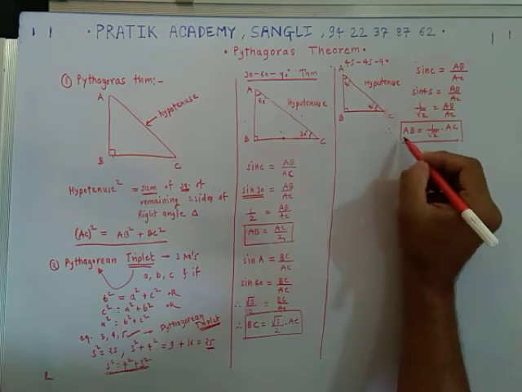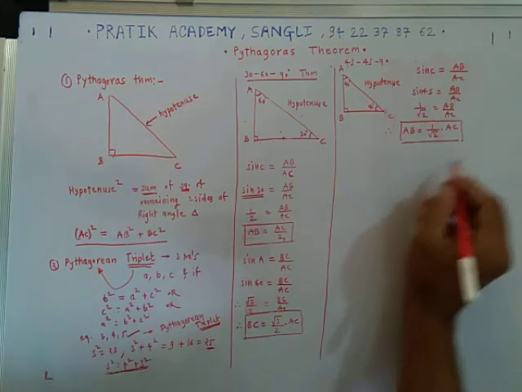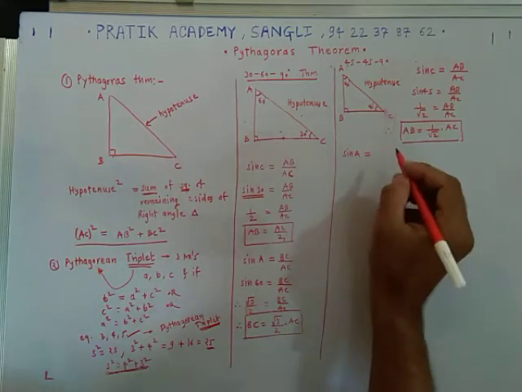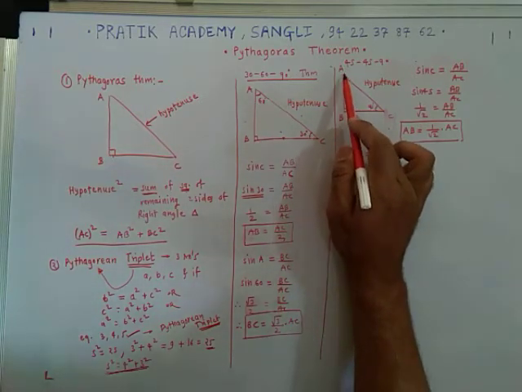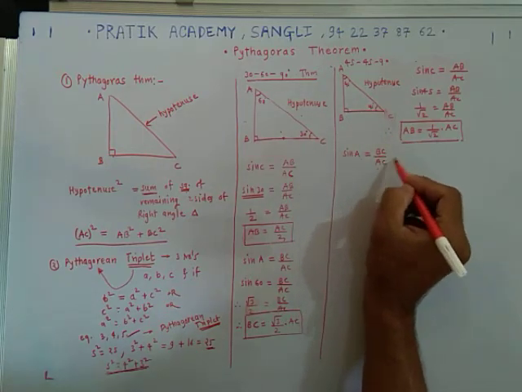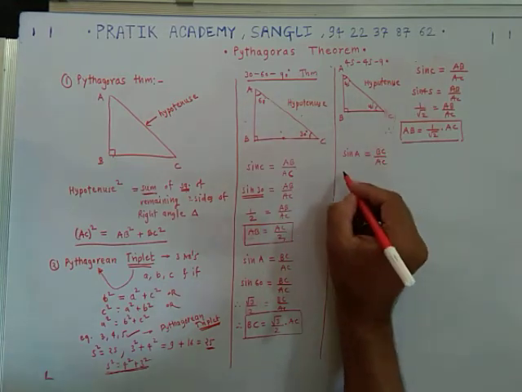Okay, if you take sine A, sine A is again opposite upon hypotenuse. Opposite is BC upon AC. But the value of A is again 45 degree.